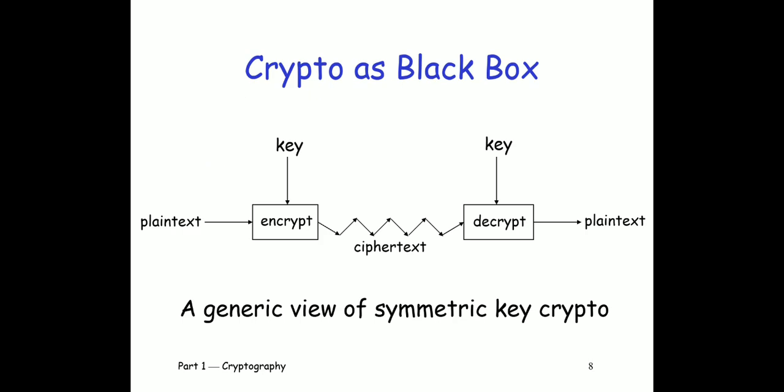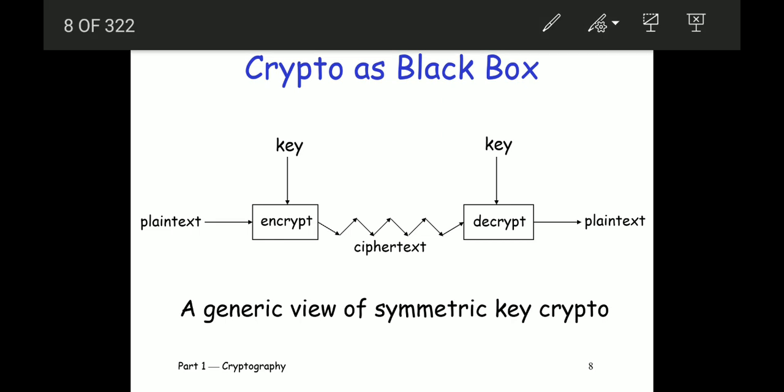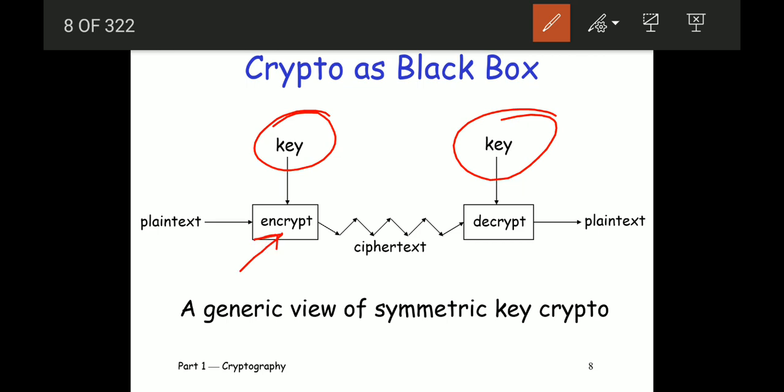That is the generic view of symmetric key crypto. When we say symmetric key crypto, we saw that the key used for encryption as well as the key used for decryption were the same one. Encryption is converting the plain text into a non-readable format known as ciphertext using the key.